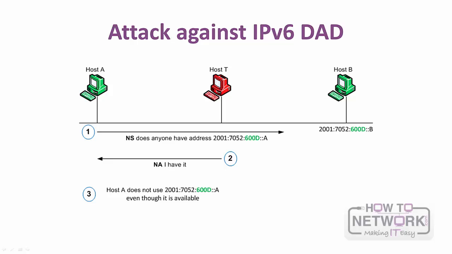If host A tries to claim another address, for example, 2001:7052:600D::AA, host T can send an NA and claim it. Essentially, host T can claim every address that host A tries to claim when performing DAD, and prevent host A from getting an IPv6 address to communicate with the network.